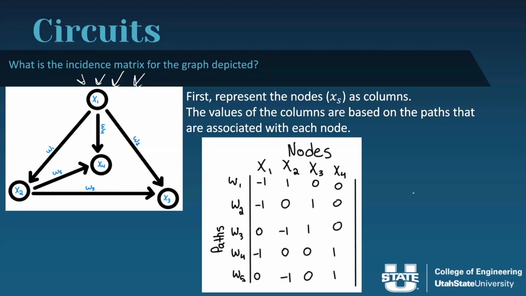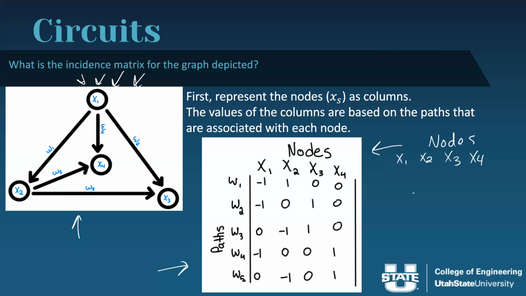As you can see on the top, our columns are going to be the different nodes, the different places we're measuring our voltage from. Meanwhile, our rows are the different paths that we can take. So when you set this up, we write our nodes. In this example, we have 4 different nodes, x1, 2, 3, and 4.